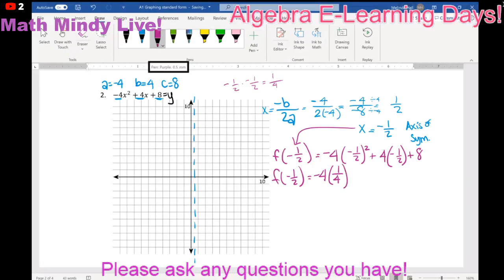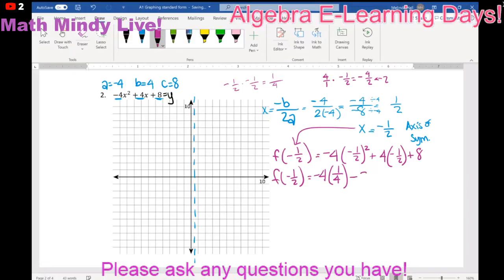And then 4 times -1/2, again, come off to the side. 4/1 times -1/2. You know the answer has to be negative because only one of them is negative. And then multiplying straight across, you would have 4 times 1, which is 4, and 1 times 2, which is 2. And so then that would be equal to -2.